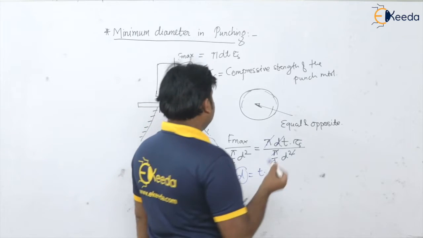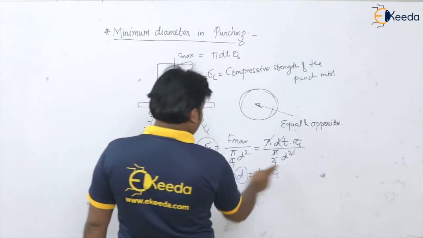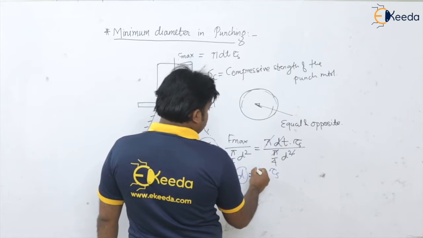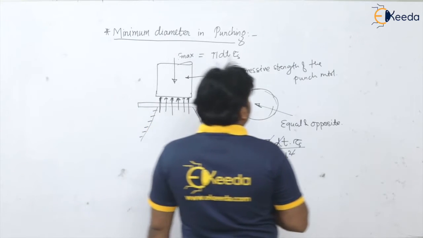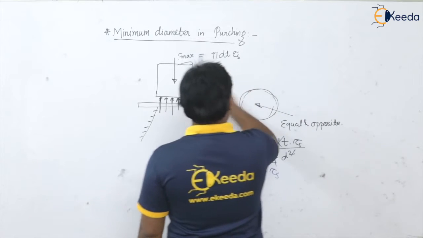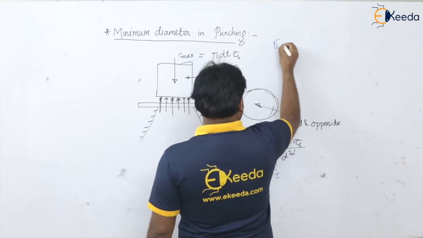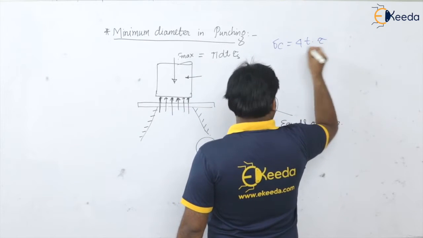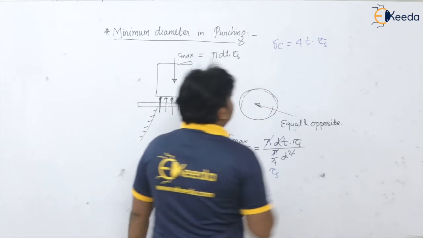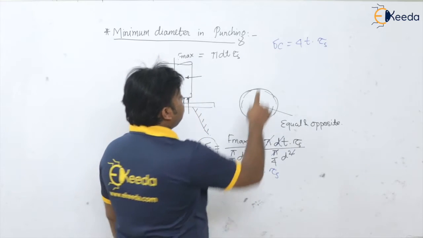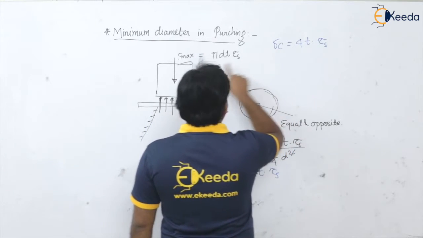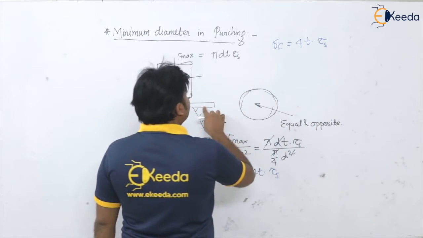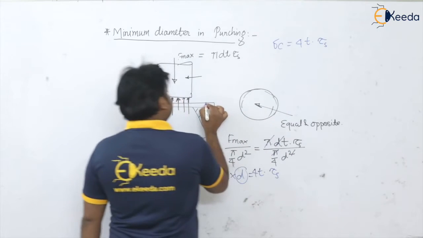So what is d minimum? The 4 will go to the numerator here. So what we can write? This sigma c is equal to force times thickness into shear strength of the material. Okay, where sigma c is the allowable compressive strength of the punch material, tau s is the shear strength of the sheet material, and t is the thickness of the sheet.